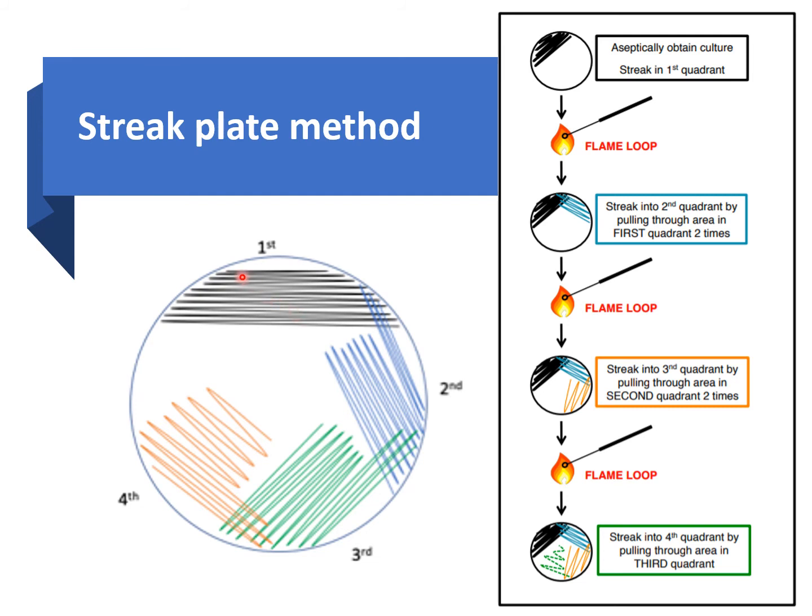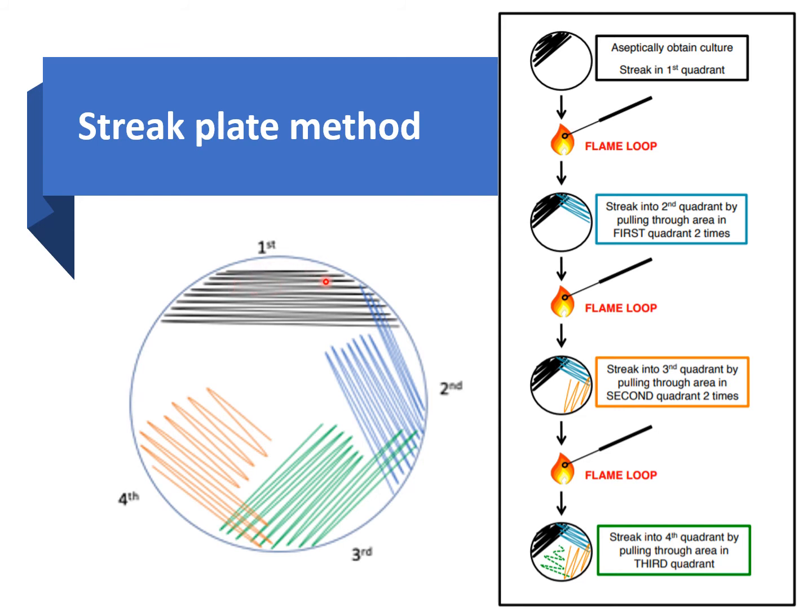So you picked up your sample already, let's say from another plate, and then you streak back and forth like this, and make sure that you are not leaving a lot of space. This is really important. See how the lines are not leaving any space as you're going back and forth. This is super important, okay?